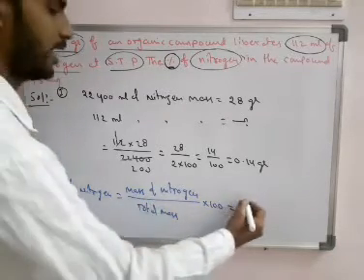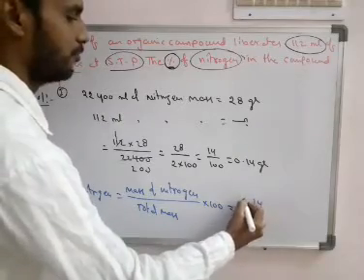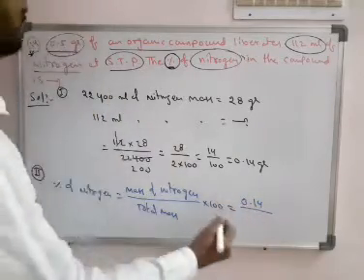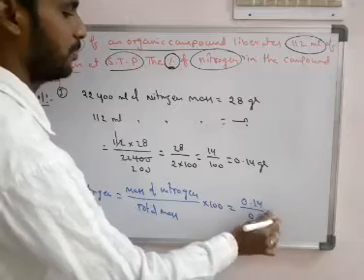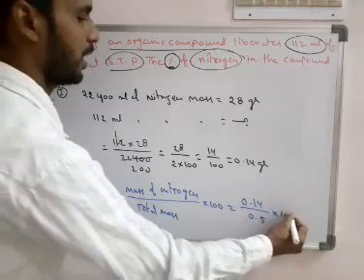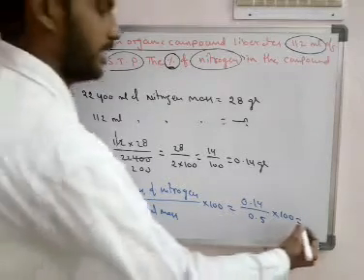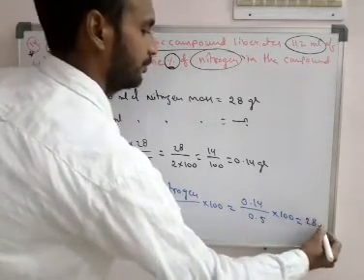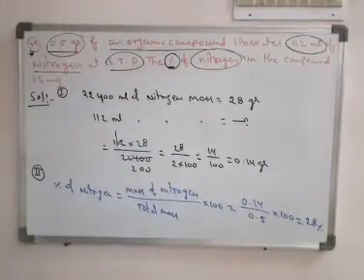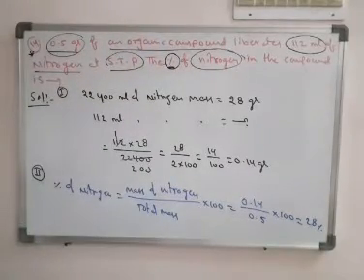What is the mass of the nitrogen? 0.14. And what is the mass of the given organic compound? 0.5, times 100. On this calculation we get exactly 28% of nitrogen present in that organic compound.